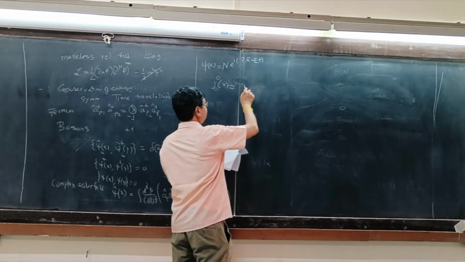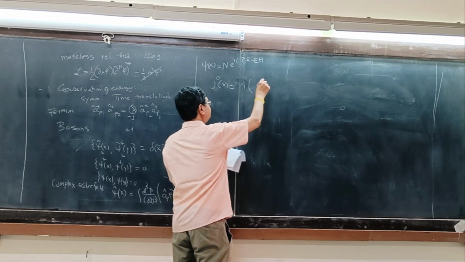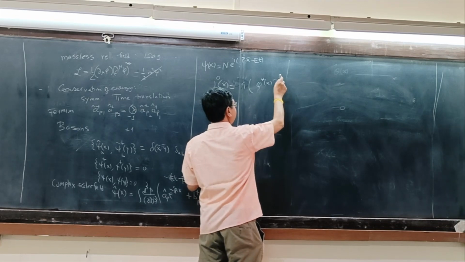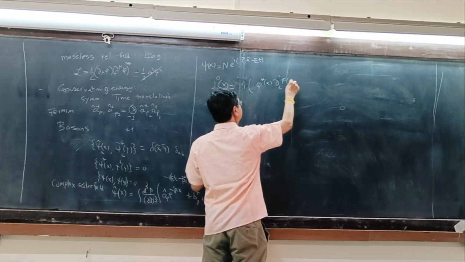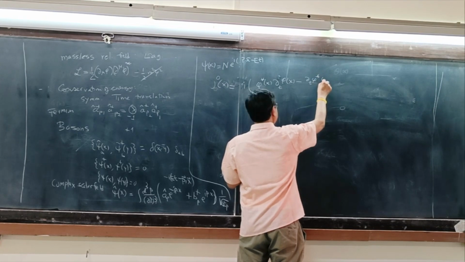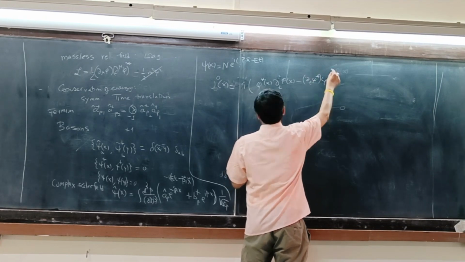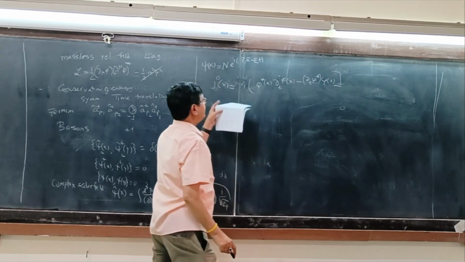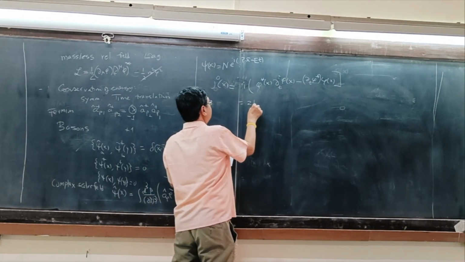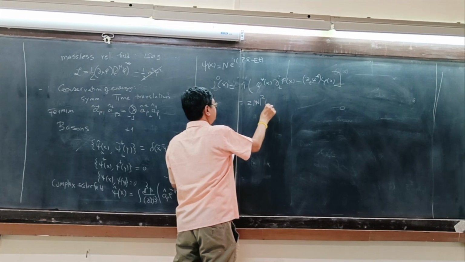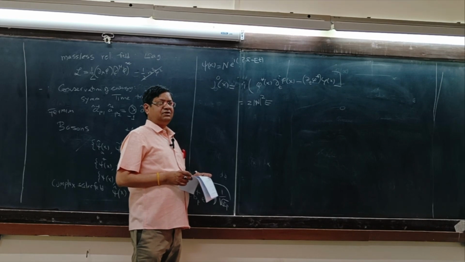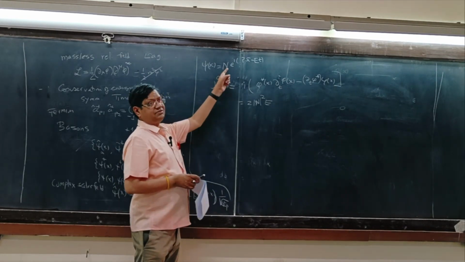And the formula for J0, done in the class, is phi star of x d by dt of phi of x minus the other term. So plug that in, and it happens to be 2 mod n squared E. So this current is proportional to the energy, first component, for this wave function.